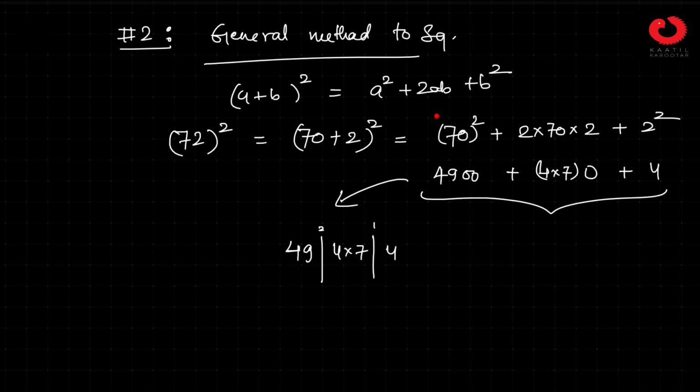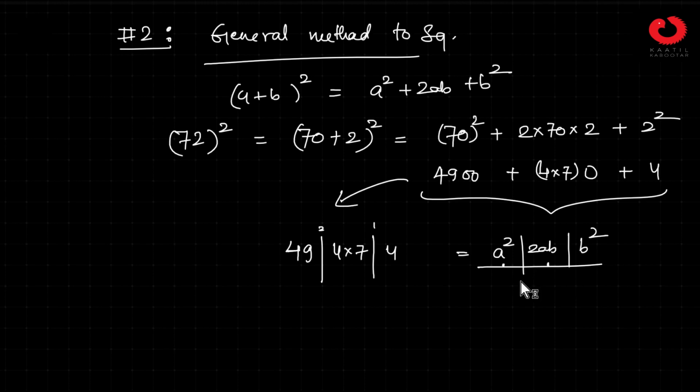From today onwards, I will not always write it like this. I will be writing it as a square, 2ab and b square. You should know that this order is important: after a square, 2ab has to come, because the number of zeros in 2ab is 1 less than the number of zeros in a square.